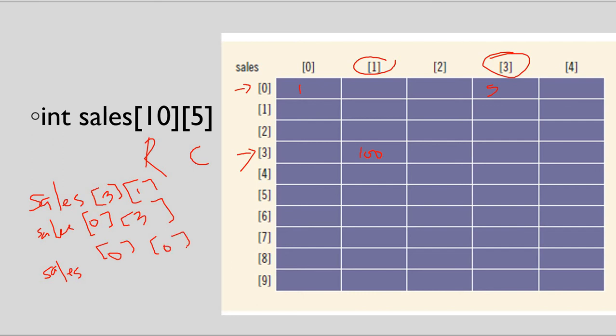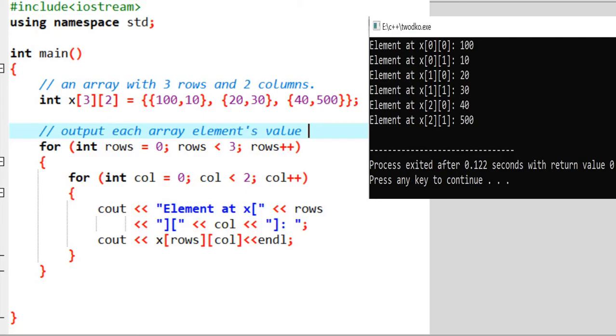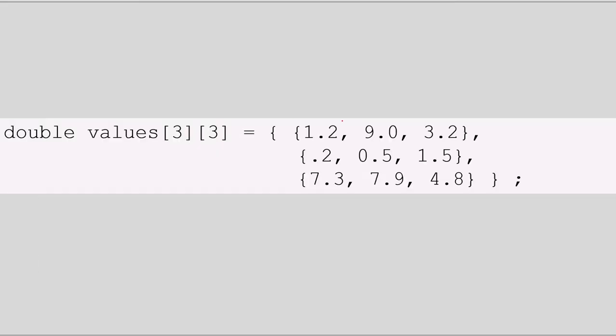Example, paano pag ganito naman ang given sa inyo? Paano kung ganyan ang given? If the question is how to access 7.9? Since you have row of 3, so this is 0, 1, 2.